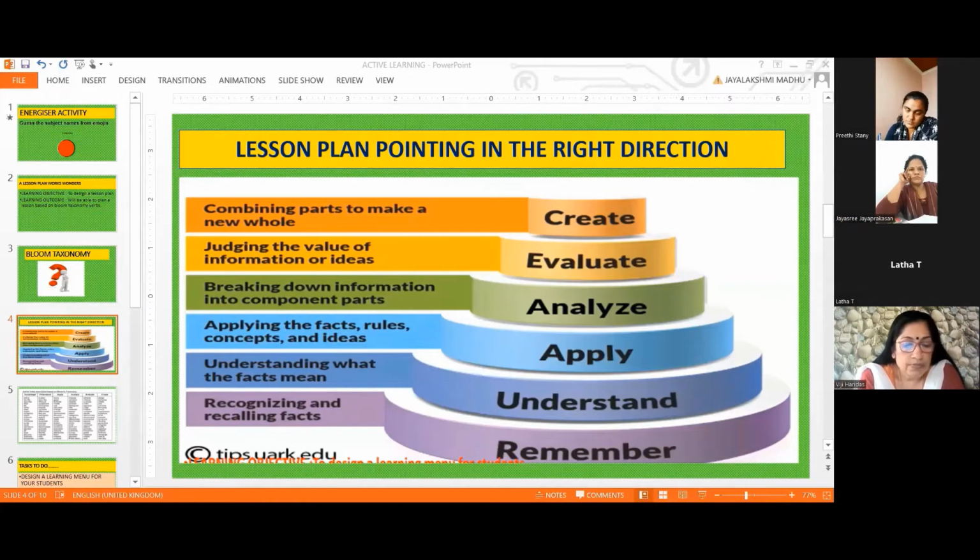Here also, every student in the class should achieve what they are doing. It is a must, because these are lower order skills. Everyone in the class has to achieve it.